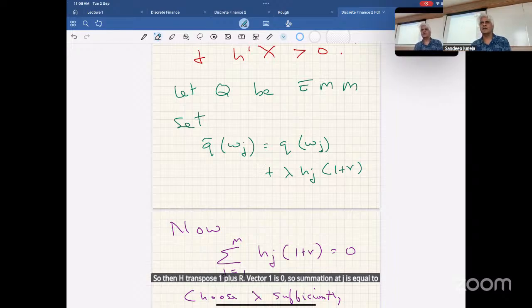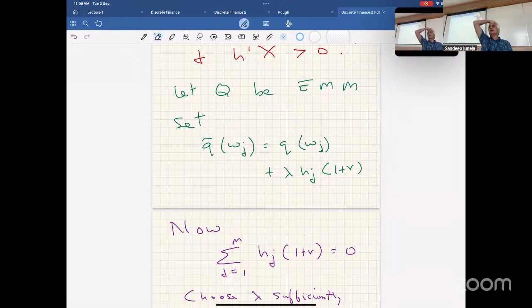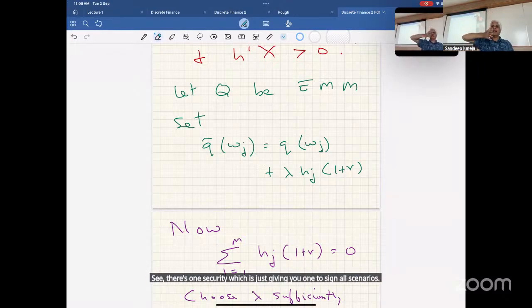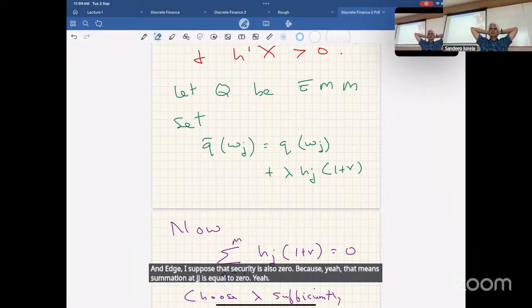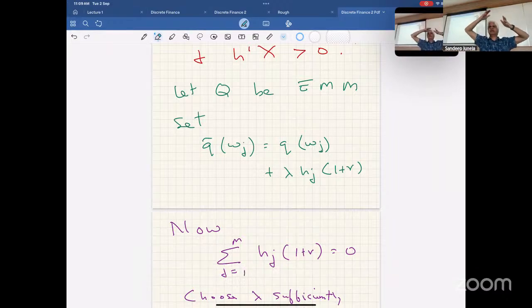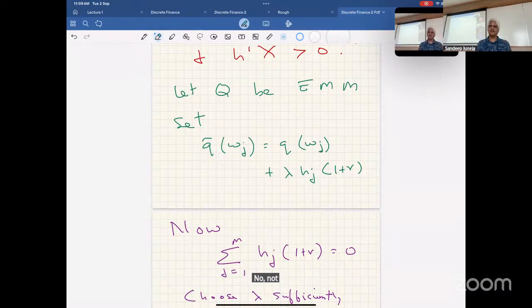The 1 plus R is a constant. This is not yet a contradiction. This is just telling me that the summation of Hj is 0.